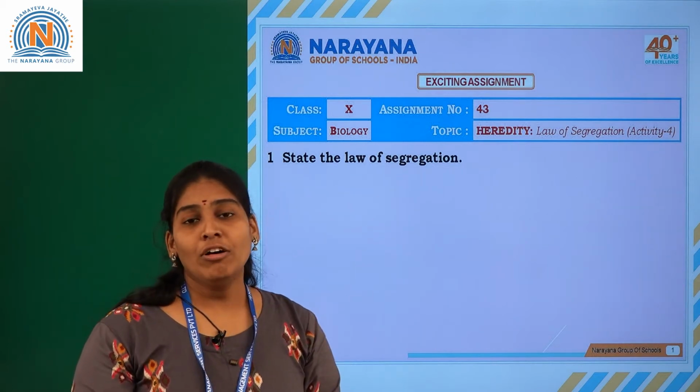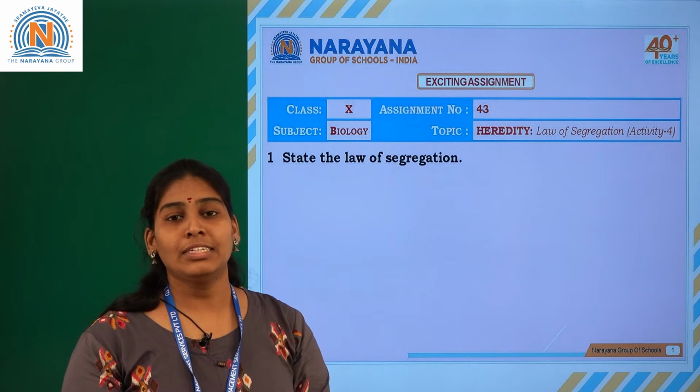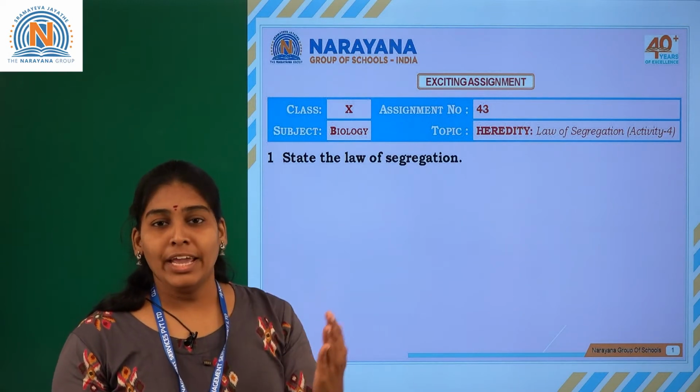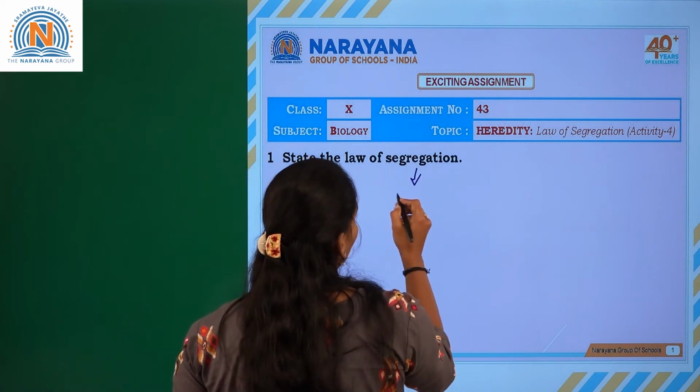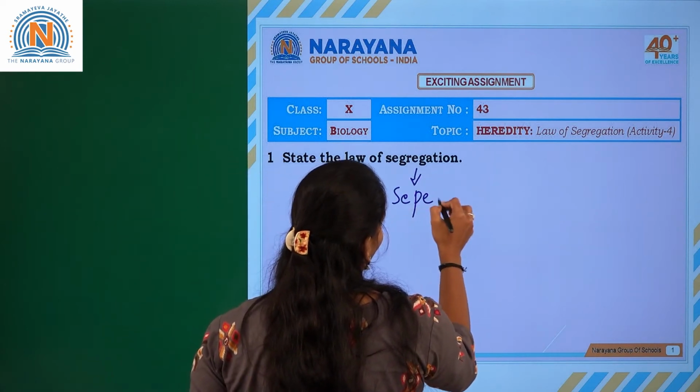So here, law of segregation: segregation means separation.